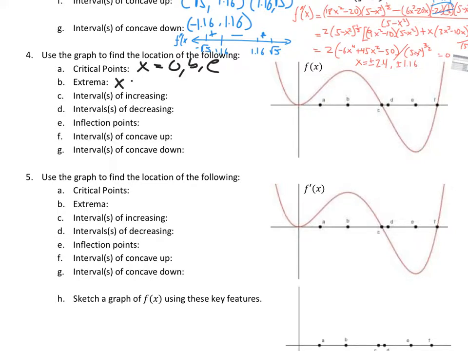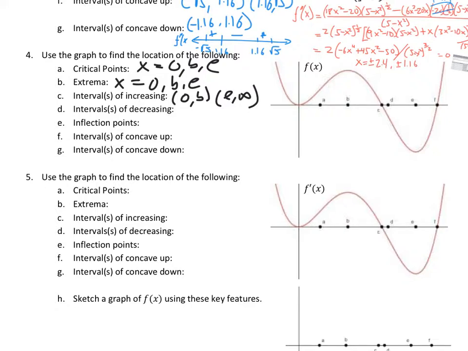So same points, all right? We could have points where we had undefined. That would be a critical point and not an extrema, but not in this situation. Intervals of increasing, well, we're going up to the right from 0 to b, and from E to infinity.